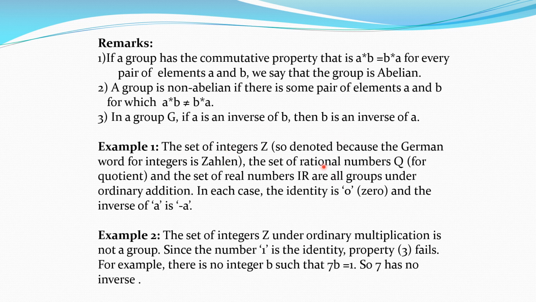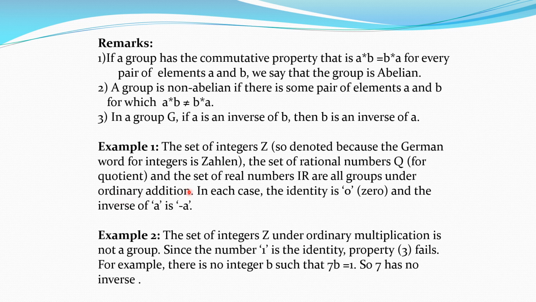Now see some examples which are very clear. The set of integers Z, the set of rational numbers Q, and the set of real numbers R are all groups under ordinary addition.